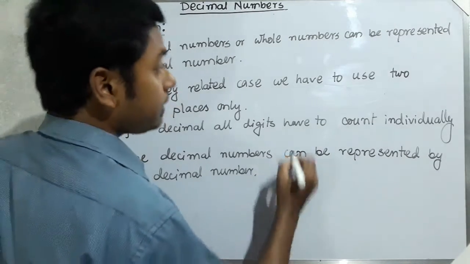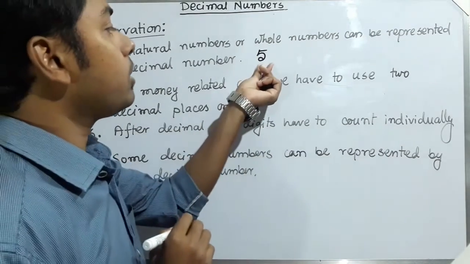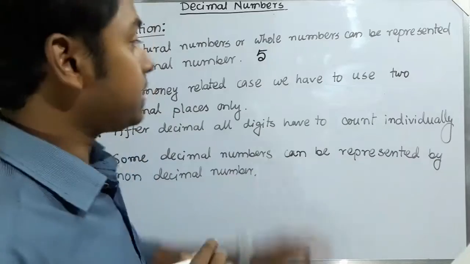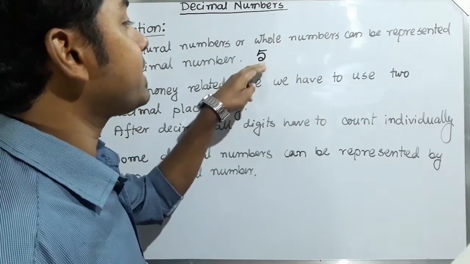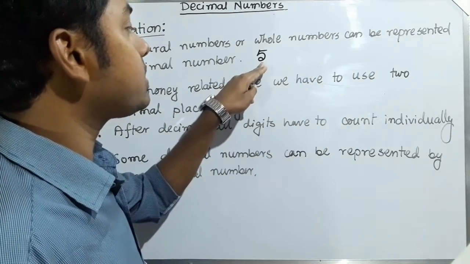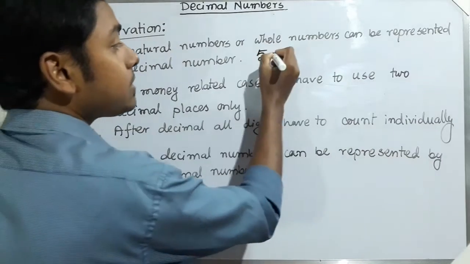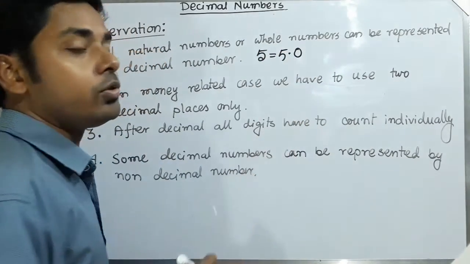Suppose I write a natural number 5. You can see 5 is a non-decimal number because it does not have any point. Now if I want to represent this whole number as a decimal number, then how to write it? This 5 we can write as 5.0 also.